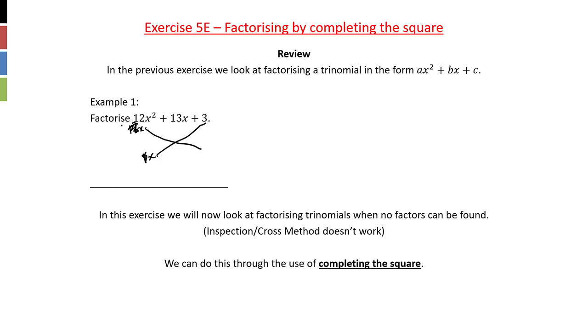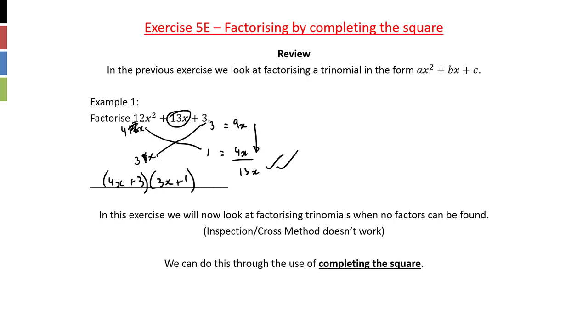It's 4x and 3x. 4 and 1, 3 and 3, 9 and 4 is 13. Excellent, that'll work. So 4 times 1 is 4x, 3x times 3 is 9x. We add those together, that gives us 13x, and that is the middle term, so that works. So our factorization is 4x plus 3, 3x plus 1.